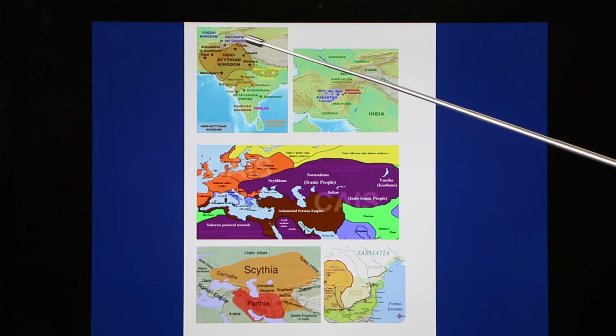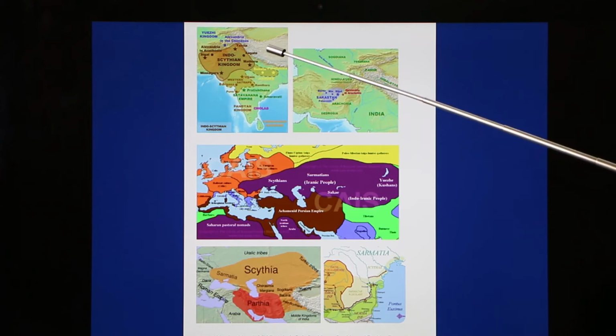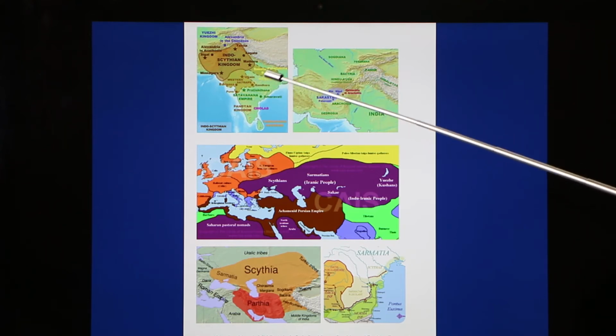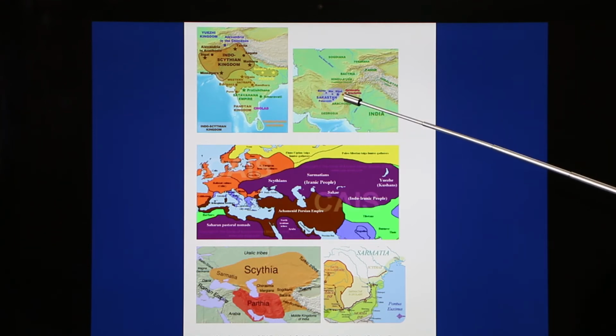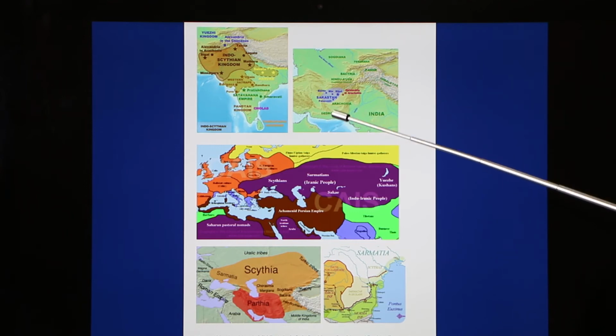Possibly the most complex of these funny names is the Scythians, because there is an ancient Indo-Scythian kingdom that is roughly where the Kushan Empire was. Then there is a section of Persia or Iran called Sakastan.